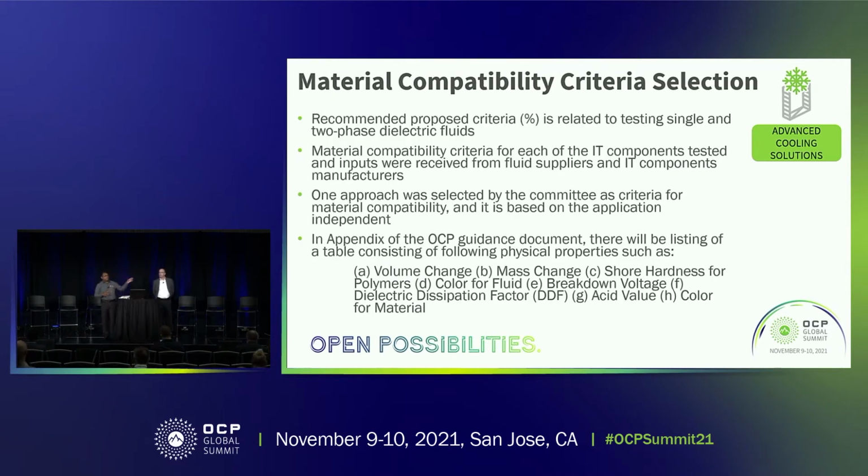Once we had information added to the spreadsheet, the next thing the committee was discussing is about just mentioning acceptable, unacceptable, or case by case. What's the metric involved in making this decision? We had a detailed conversation involving fluid suppliers, IT component manufacturers, and system integrators as well, so that they give their voice to what we tried to achieve through this committee.